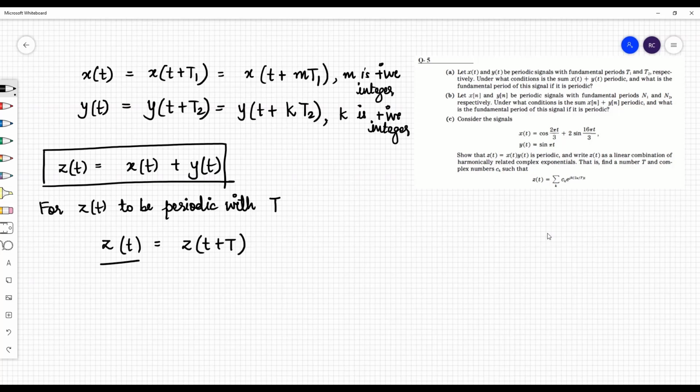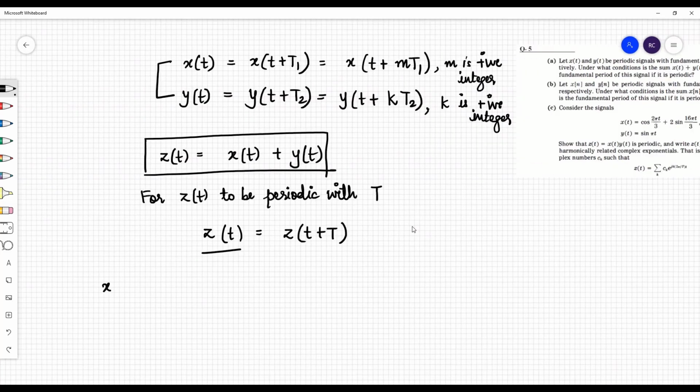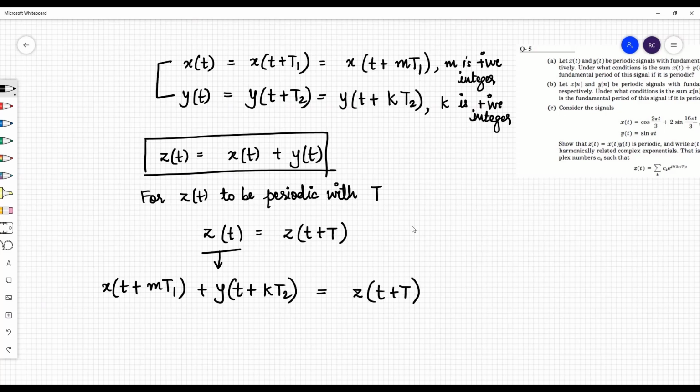So let me just plug in on the left hand side: x of t plus mT1 plus y of t plus kT2. This is the left hand side. This is zt. This should be equal to z of t plus capital T, right?